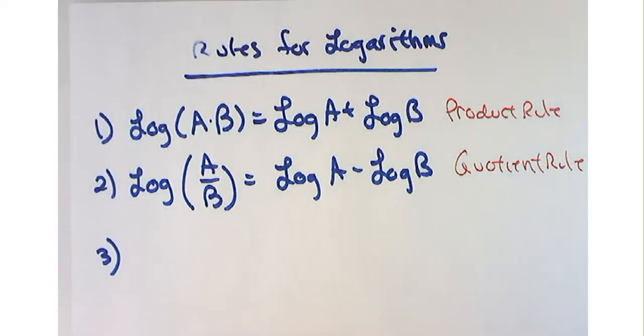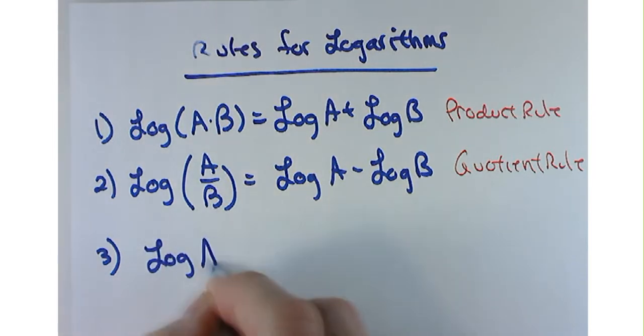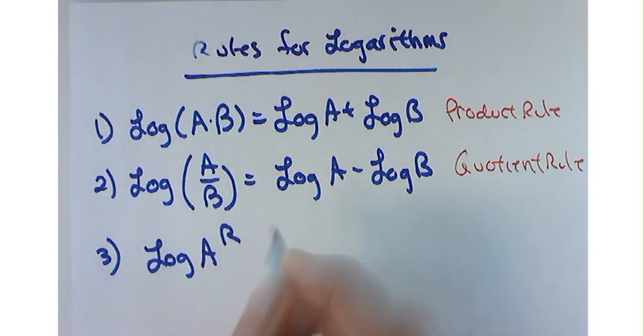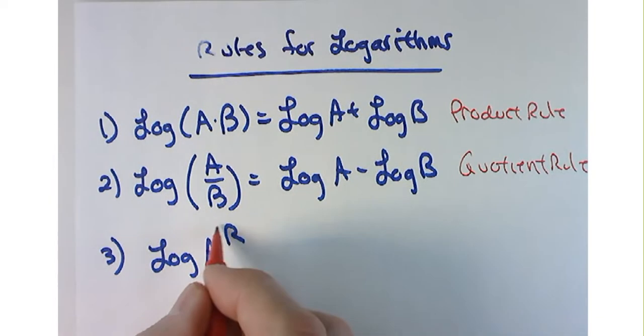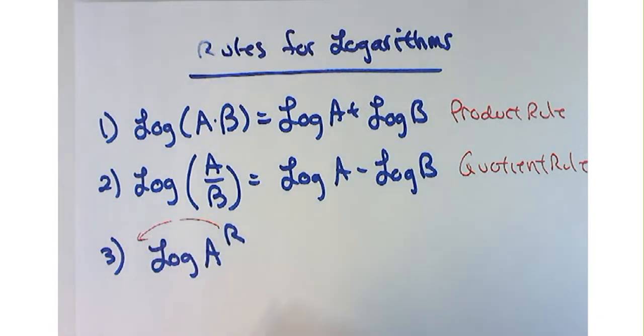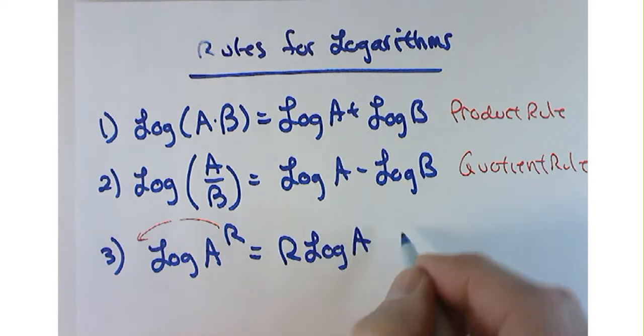And we got one more that I'll give a name to. I'm not going to try and derive this one like I did the other ones. If you have log of a to some power r, then that r can kind of jump out in front like this. I sometimes call it the parachute rule because it feels like r is jumping out, parachuting out front.